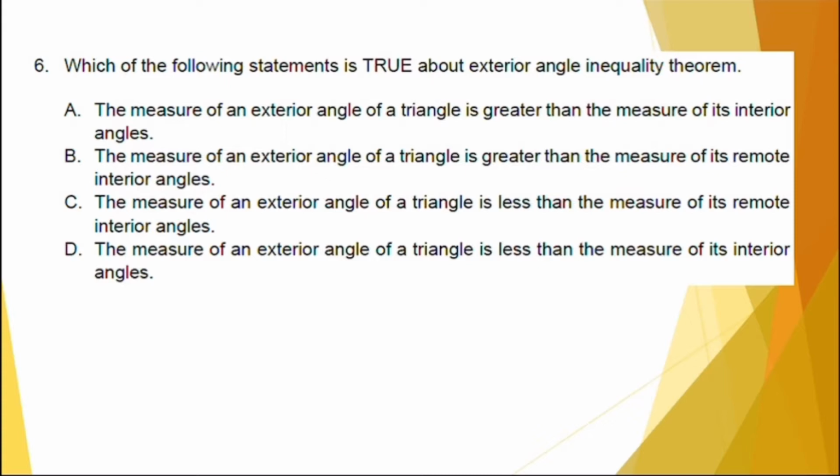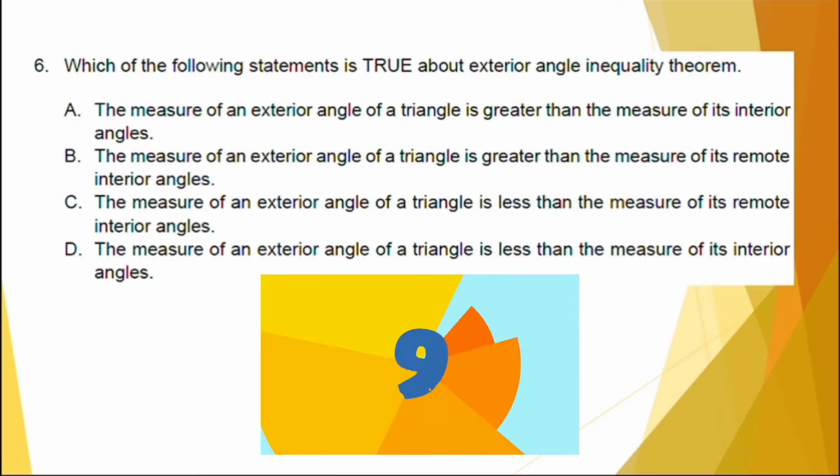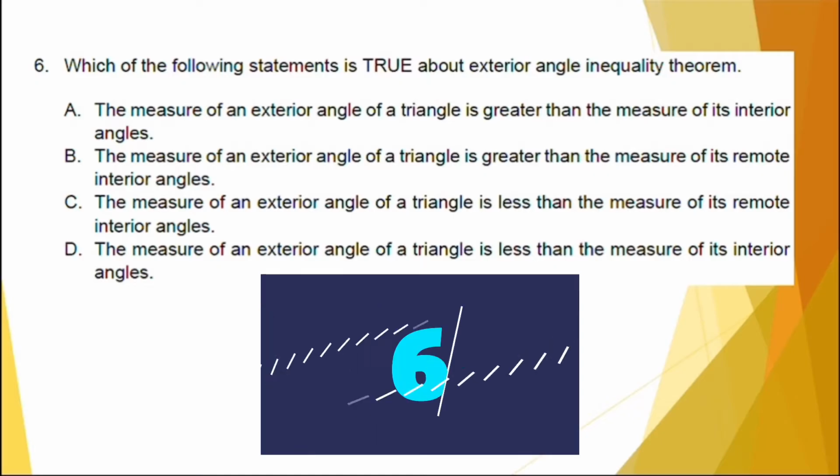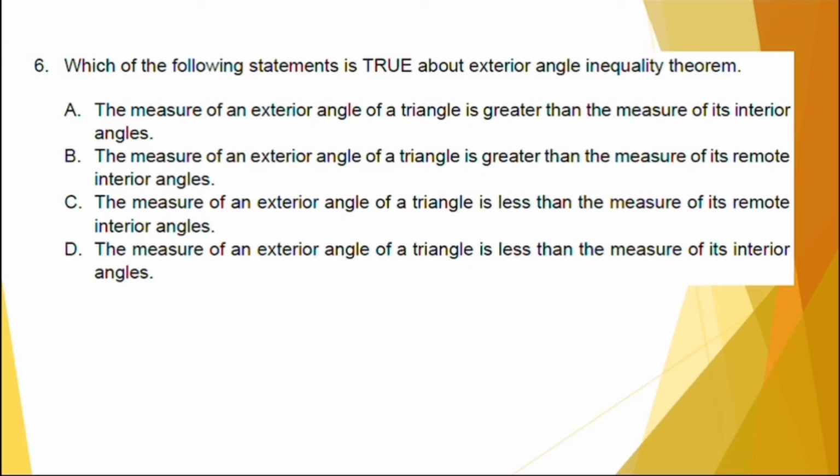C. The measure of an exterior angle of a triangle is less than the measure of its remote interior angles. And D. The measure of an exterior angle of a triangle is less than the measure of its interior angles. Time's up. The answer is letter B.